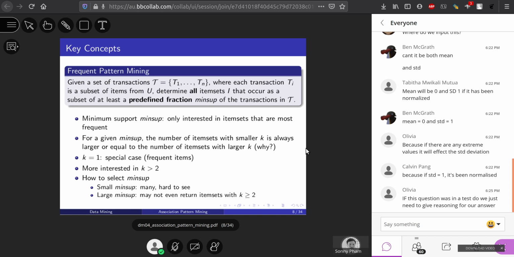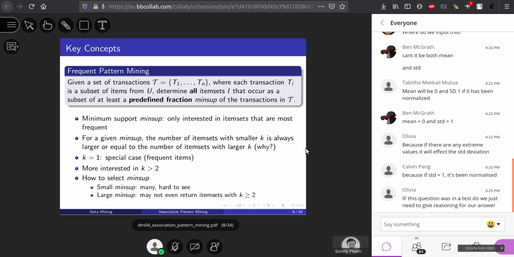One of the issues in association pattern mining is the problem of selecting the best minimum support value. If you select a small minimum support value, then chances are you will see lots and lots of item sets, which might be really hard to interpret.